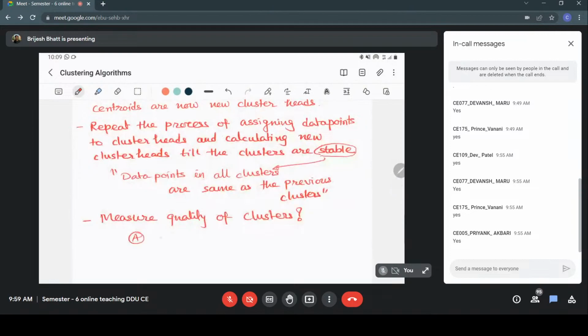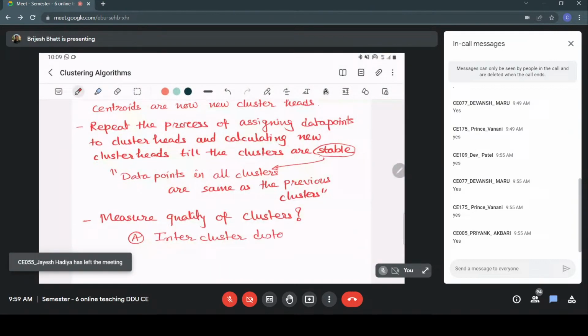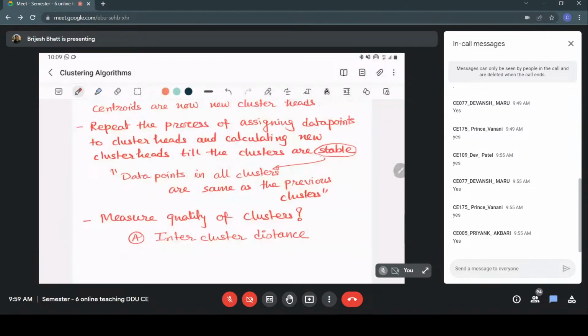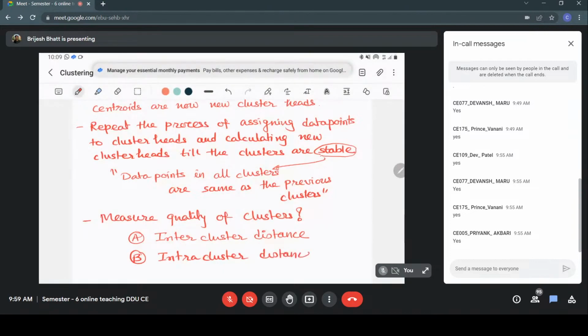One is inter-cluster distance, and second is intra-cluster distance.